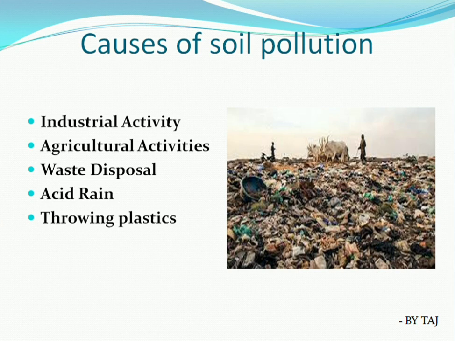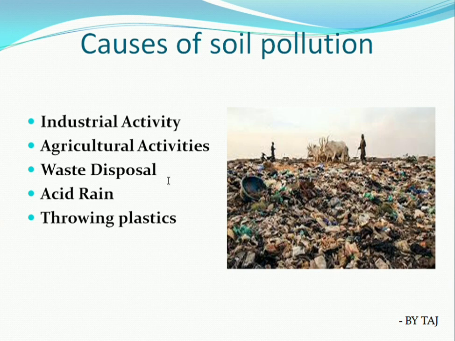And agricultural activities. Here agricultural activity means we are using so many chemical fertilizers. Those fertilizers are very harmful for the soil, and it will lose its fertility because of this agricultural activity. As much as possible we should use manure instead of harmful chemical fertilizers.